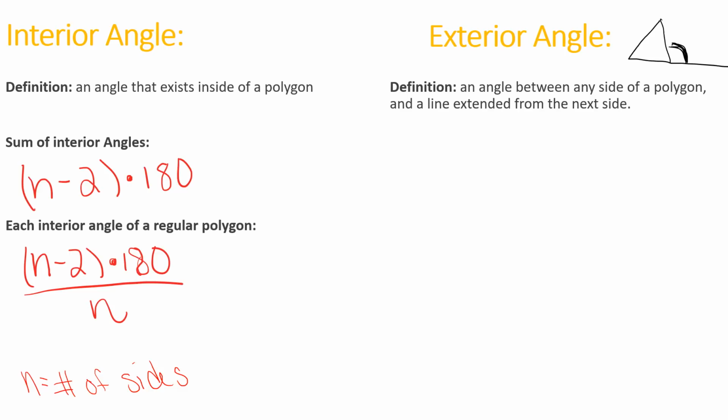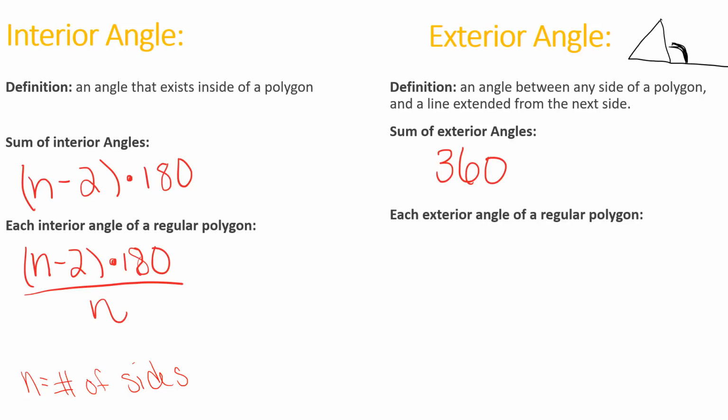That's an exterior angle. So that's the formal definition. Then the sum of the exterior angles is 360 degrees, nothing super hard to memorize there, just like a circle. And then each exterior angle of a regular polygon would be 360 degrees divided by n. So make sure you get these formulas, if you will, written down in your foldable.